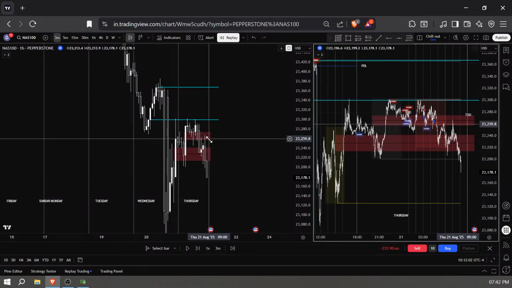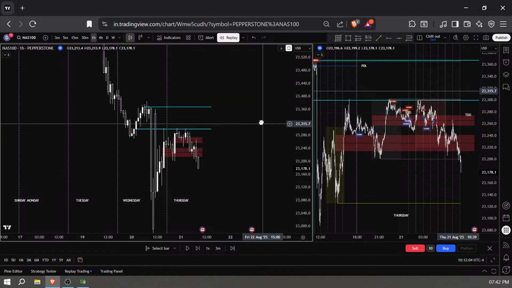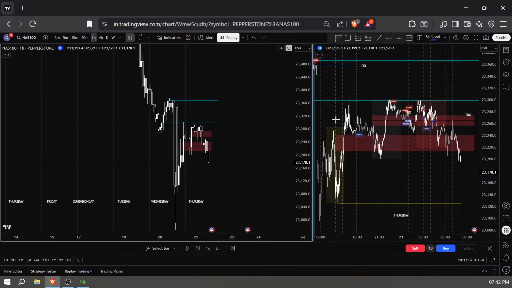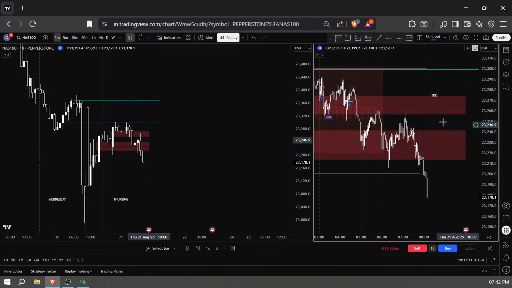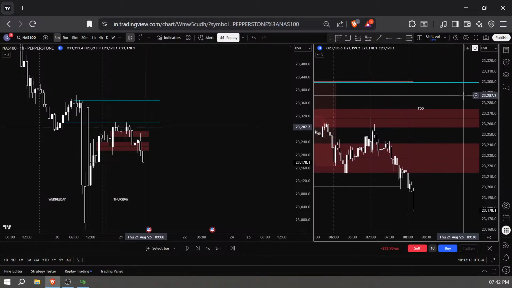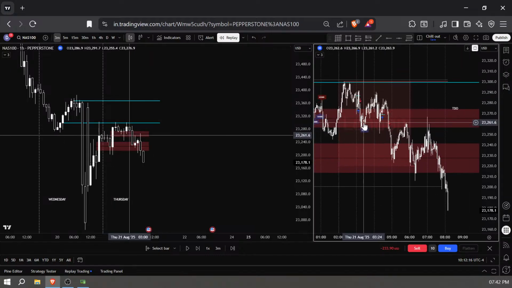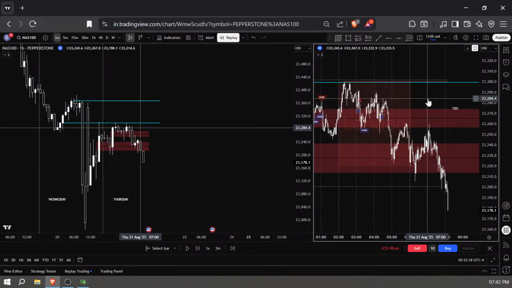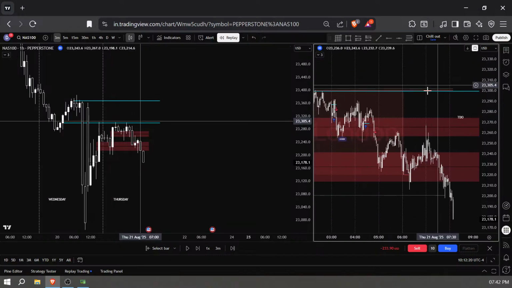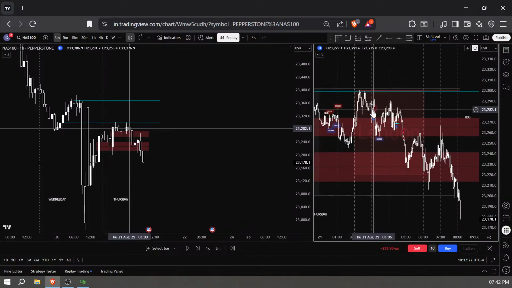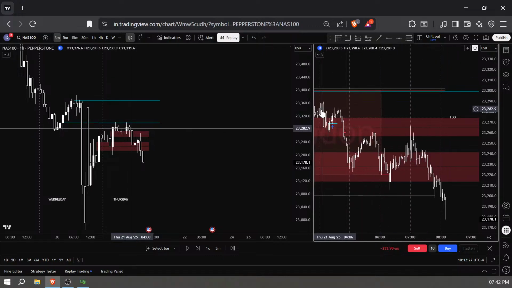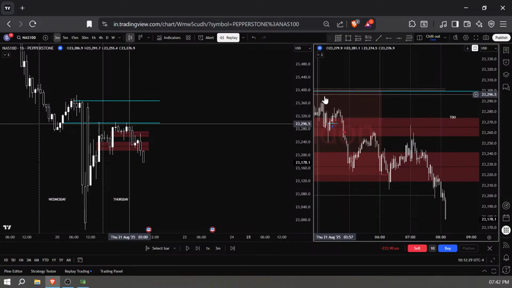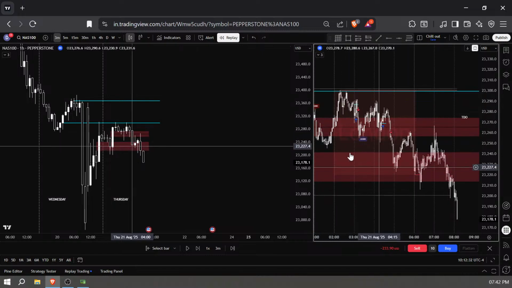All right, so what PD arrays do we have to the downside? Nothing. If there is a shorting opportunity here, in this case my whole bias is bullish, so I am getting SLs. But if your whole bias is bearish, your entries will be this one, and then in the order block, buy side close irukkarathinala, in that play you will have entry, SL here, targeting these liquidities and this hourly FVG.